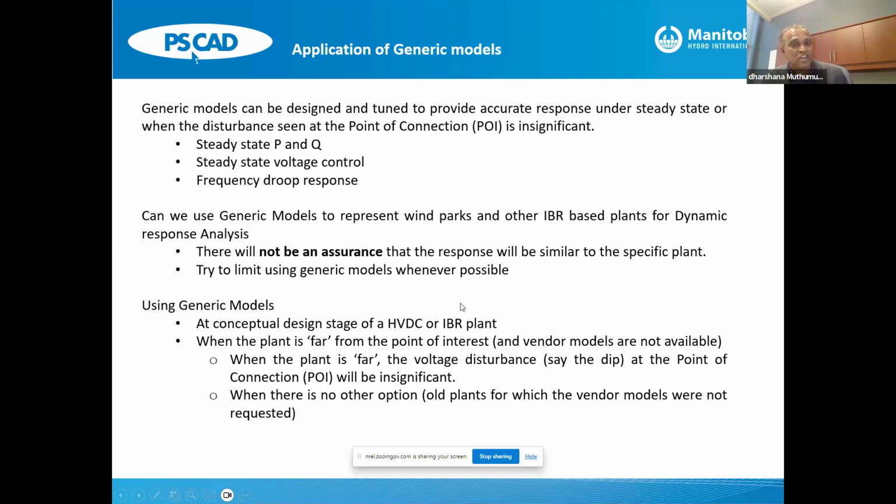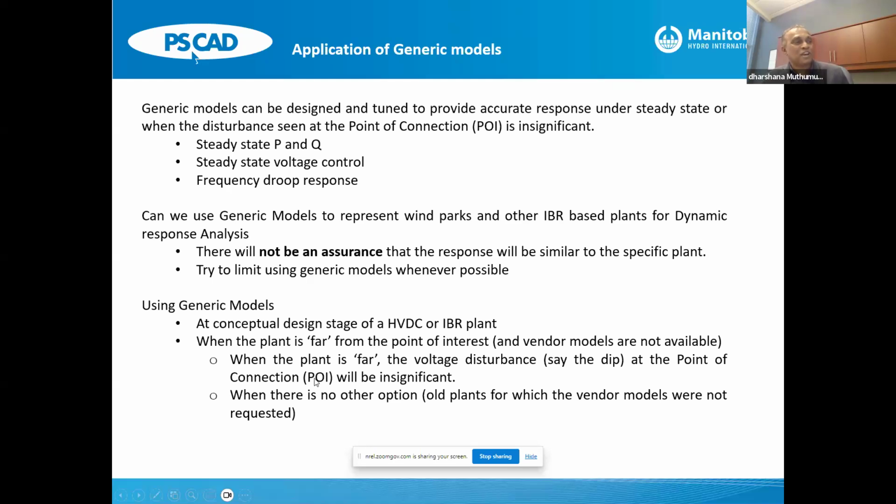But there are places where you can probably use generic models, especially for your existing plants, if you never got the vendor models, you are left with no other option but to use generic models. I don't want to elaborate on these points, but I can share this PowerPoint with you, right?